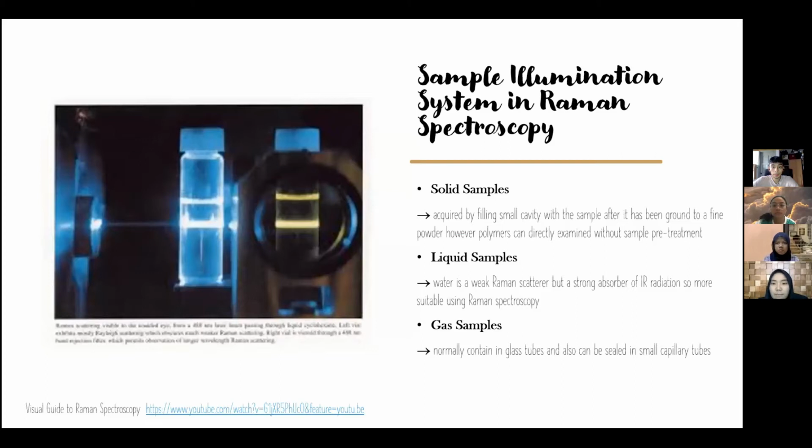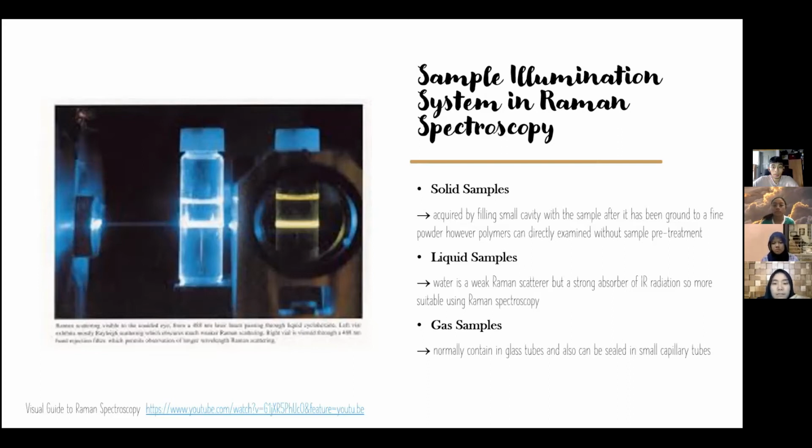So in Raman spectroscopy, we have three sample illumination systems, which are solid samples, liquid samples, and gas samples. Solid samples are acquired by filling a small cavity with the sample after it has been ground to a fine powder. However, polymers can be analyzed directly without sample pre-treatment.